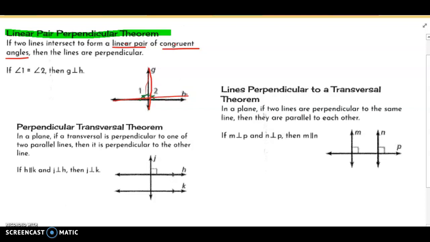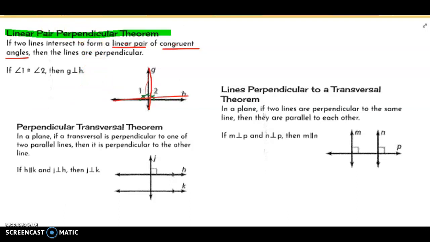So if 1 and 2 are both a linear pair and congruent, that means the measure of both angle 1 and angle 2 has to be what? Okay, if angle 1 and angle 2 both have a measure of 90 degrees, then that means that G and H are perpendicular. So this one shouldn't be a surprise to you.